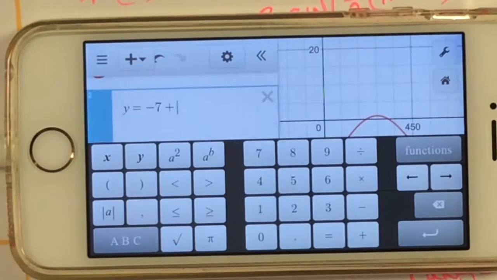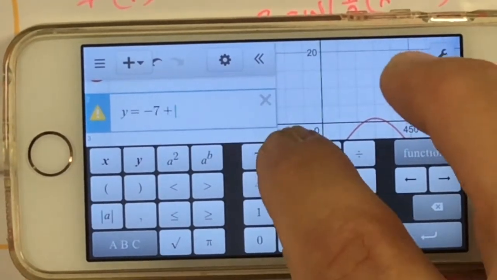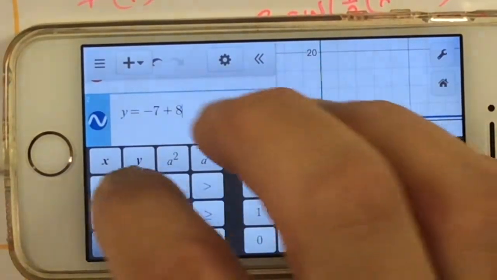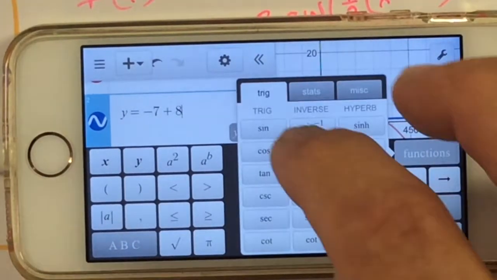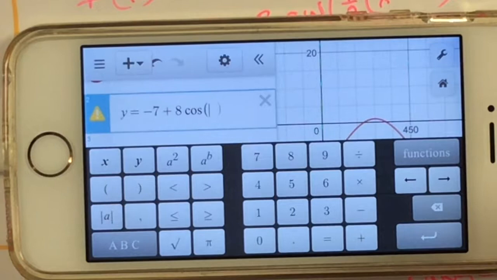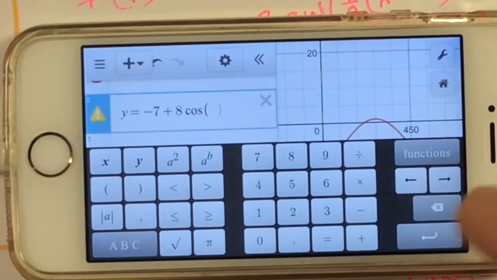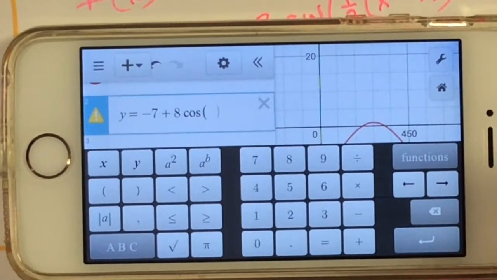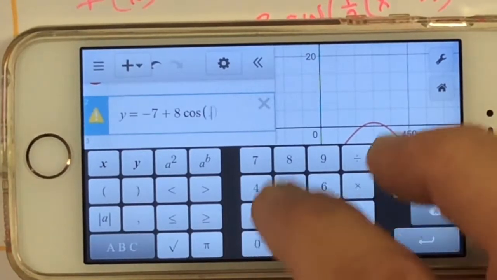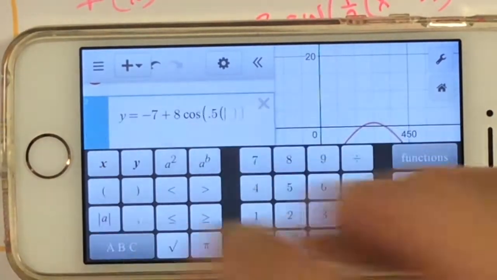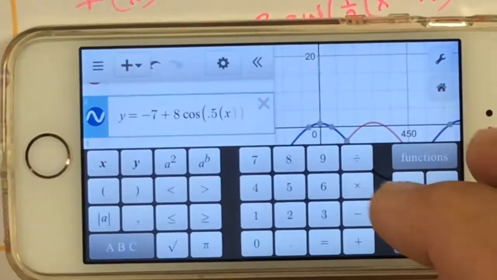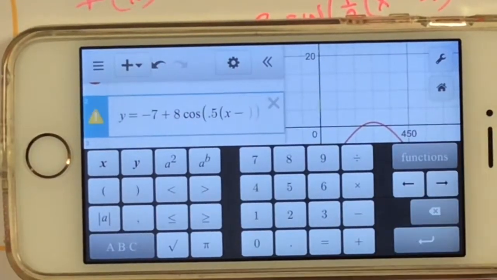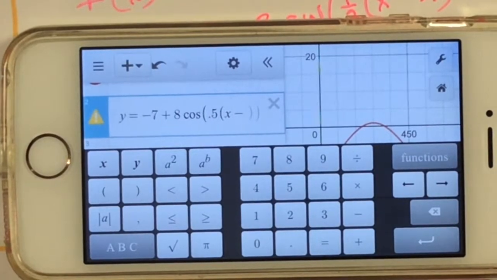Does the amplitude change? No. Okay. Times, where's functions? Functions are here, so I got cosine this time, right? Cosine of, and is my period going to change? No, so this is going to stay 1/2, right? And it's going to be x minus, what's the shift have to be? 270, right?